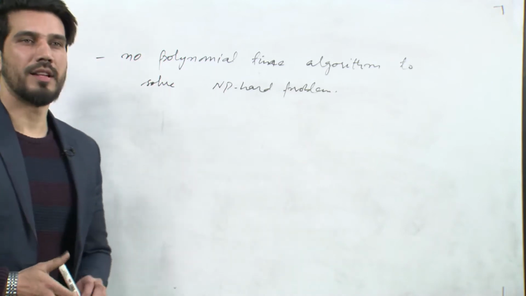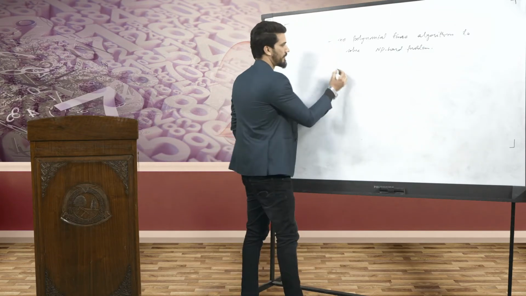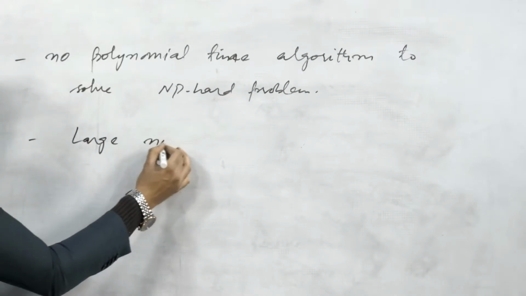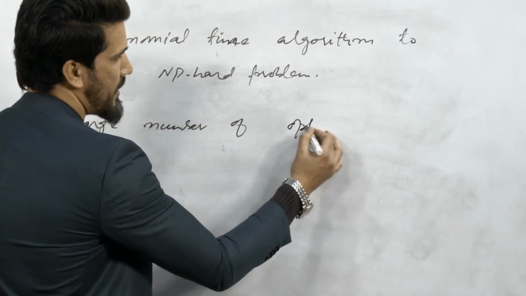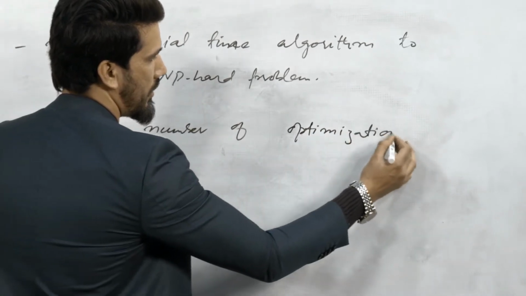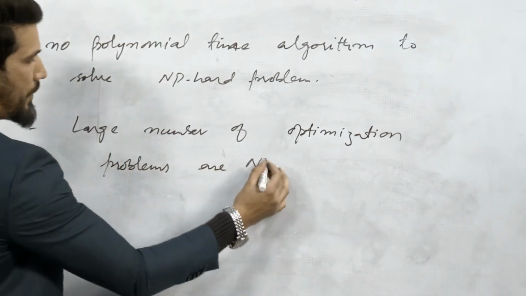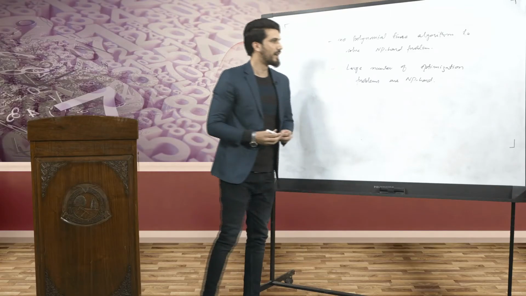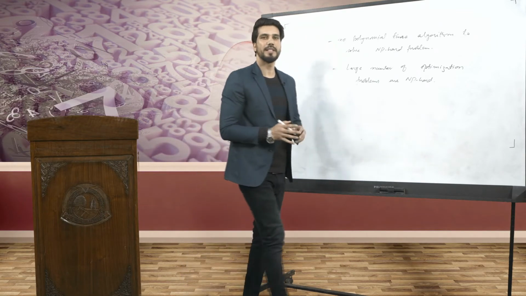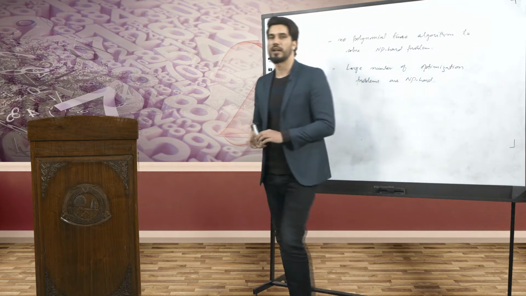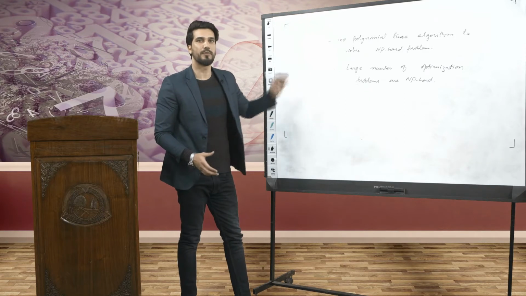And a large number of optimization problems are NP-hard. Now, this may seem a rather discouraging fact, that a large set of optimization problems are NP-hard, and we have no polynomial time algorithms which can solve these problems efficiently.